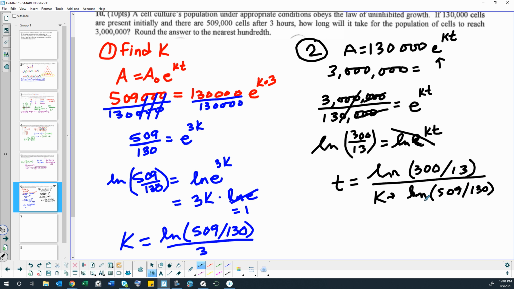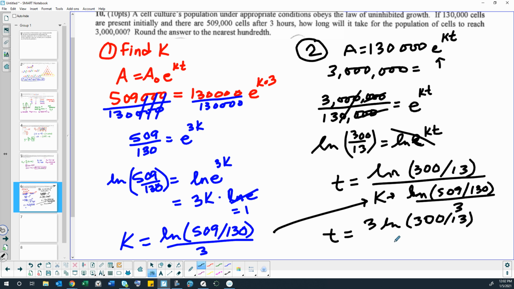So the fact of the matter is, if that's dividing by 3, isn't that the same thing as multiplying the numerator by 3? It might be easier to just use a decimal and plug that in there. So I'm going to have 3 times the natural log of 300 over 13, to keep things as exact as I can until the last minute when I throw everything in the calculator. You could do the calculations sooner than that if you wanted to. I'm just trying to write everything out to make sure we know where everything came from.